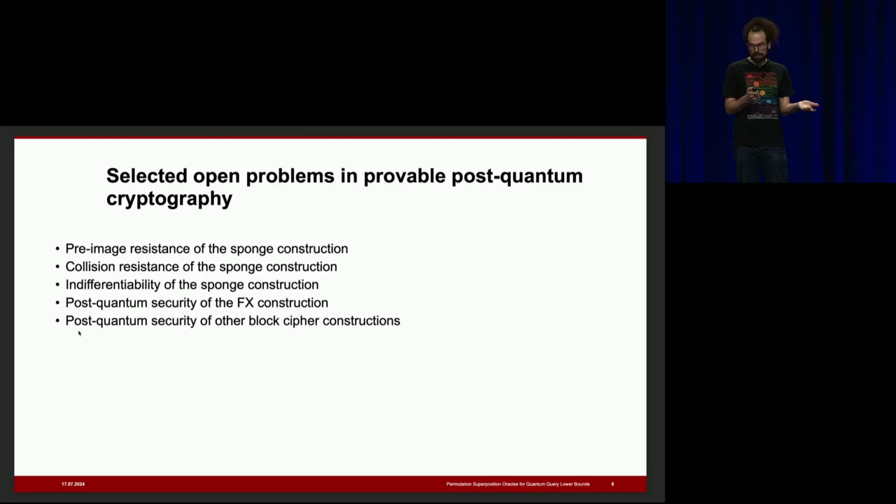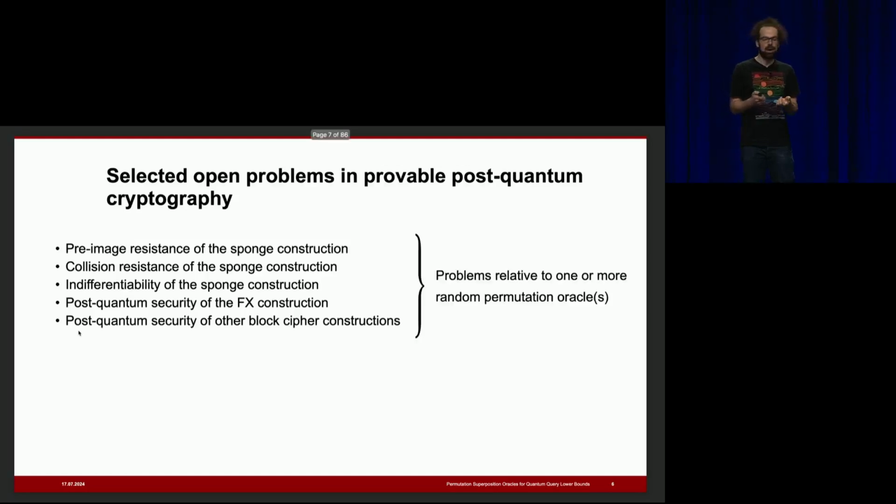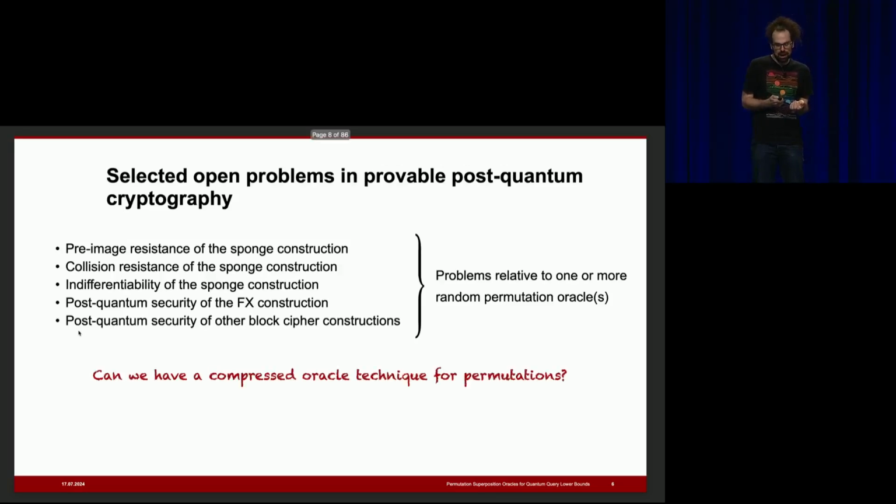These open problems have in common that they all are problems where algorithms have access to one or more oracles for a random permutation. So a very natural open problem is therefore to construct a compressed oracle technique for permutations. This compressed oracle technique is super useful, so we want an analog of this for permutations.